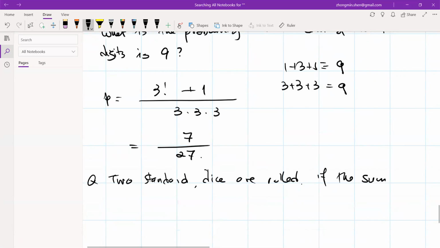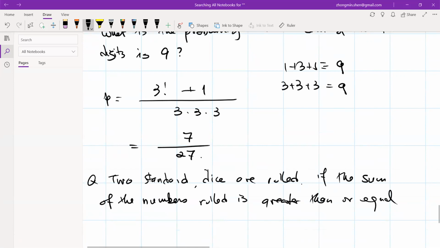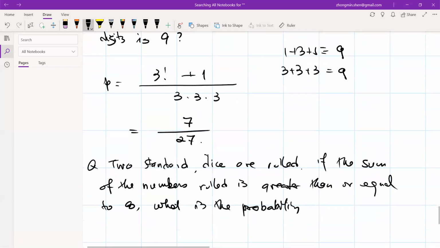If the sum of the numbers rolled is greater than or equal to, let's say, 8, what is the probability that the sum is odd?